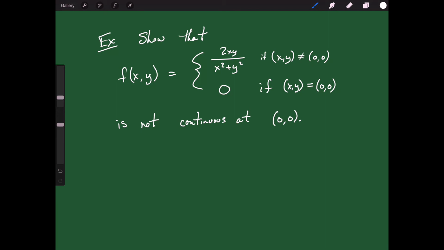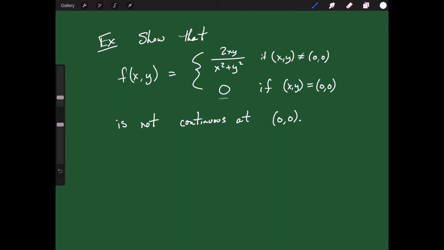All right. Well, if you plug in 0, 0 to this function, you get 0, right? That's what the function says. But the question is, are the points around 0, 0 close to 0, or could they be kind of far away from 0?